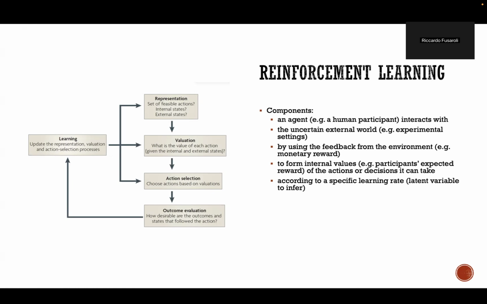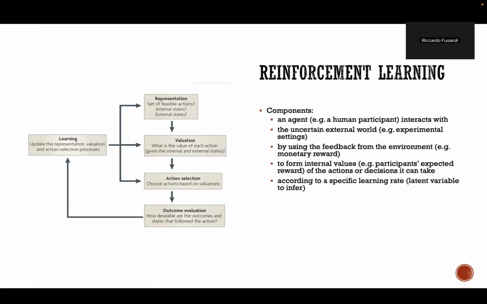Right? But sometimes the environment is uncertain. Sometimes the slot machines are changing over time. And therefore, you want to keep learning and exploring every now and then. So in interacting with this uncertain external world, the agent uses the feedback from the environment, for instance, the monetary reward or the kick of joy that you get from beating your partner at the matching pennies game, and uses that to form internal values, right?